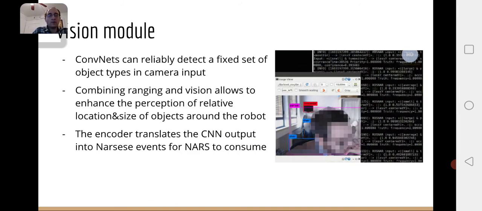The vision module is based on a convolutional neural network, which can reliably detect a fixed set of object types in camera input. We have also played with ranging to enhance the detection, so that it also knows how far objects are away. Essentially, we encode the output of the convolutional neural network into NAS events, which NAS can consume, and we will see this.